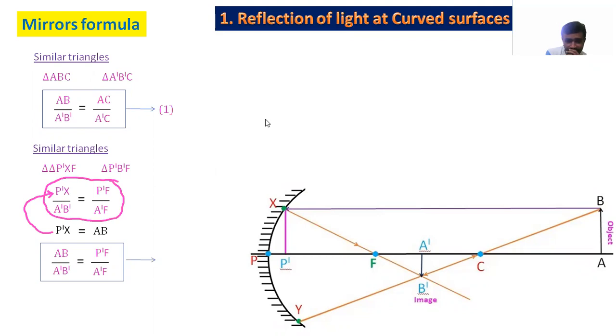What do you notice? Equation 2 is here. From equation 1 and equation 2, do you have anything common? LHS side, RHS side. So here the LHS in equation 1 and the LHS in equation 2 are the same. Are you clear?